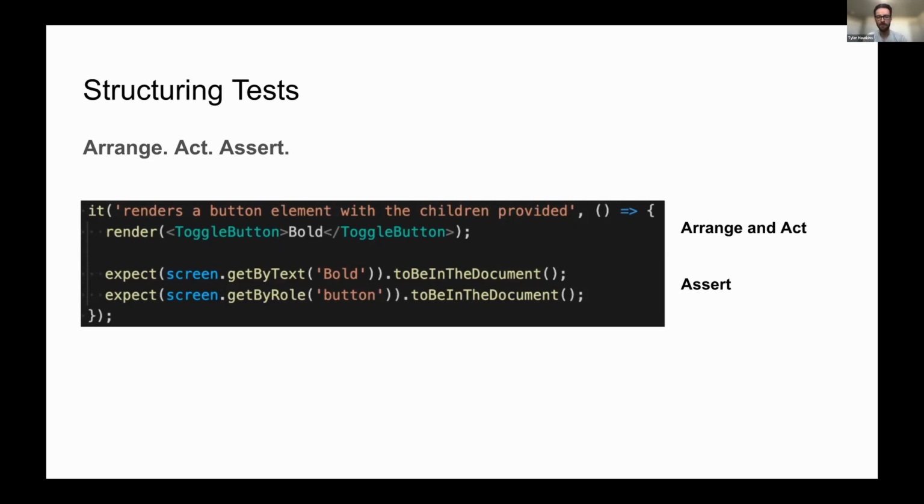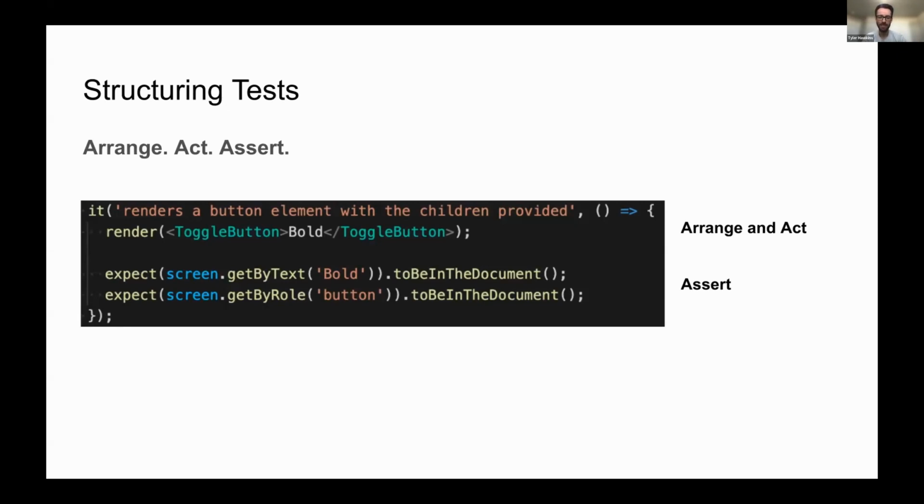But as an example for arrange, act, assert, you can see here we have a test that renders a button element with the children provided. And so on that first line, we render the toggle button. In that one, we've kind of combined arrange and act. We've arranged our test fixture with that component, and we've acted by rendering it.